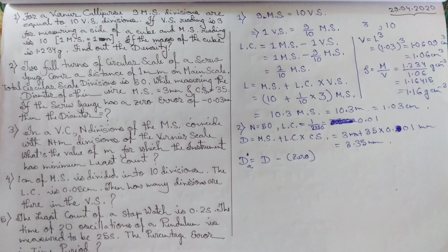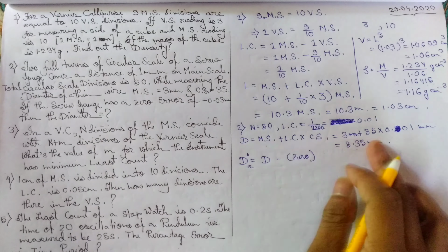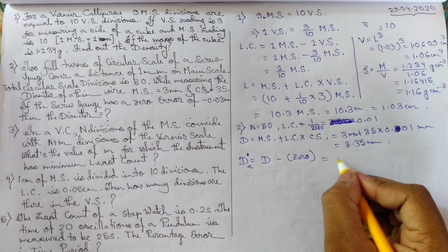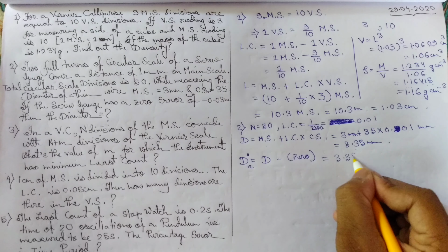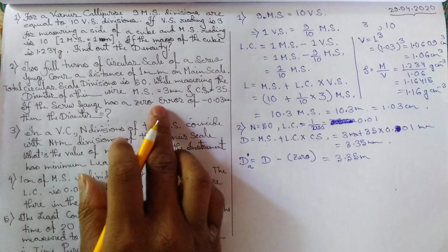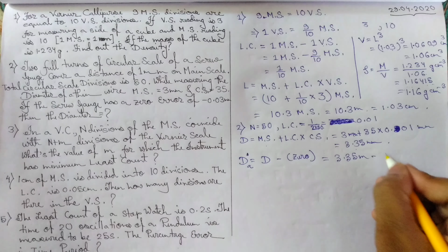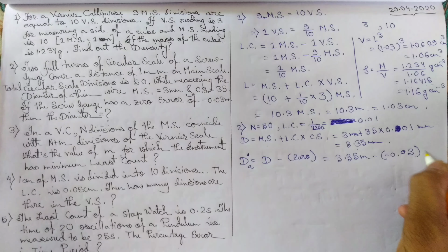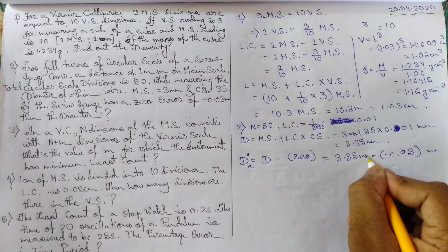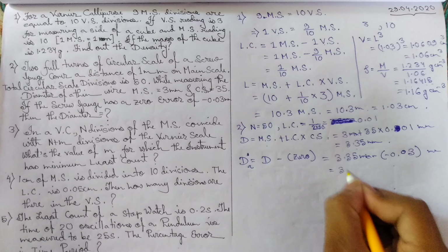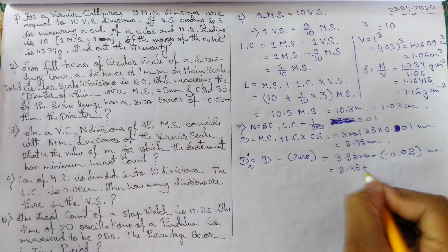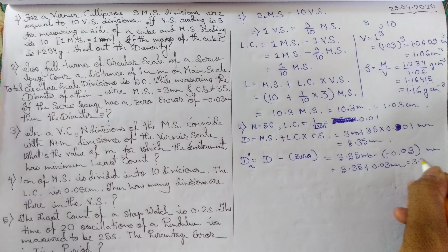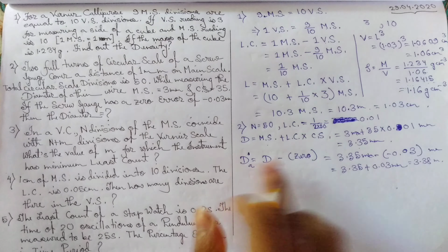From the formula we found the diameter is 3.35 millimeter, and the zero error is minus 0.03. So with the sign, millimeter not meter, 3.35 actually becomes plus 3.38 millimeter. That is the formula.